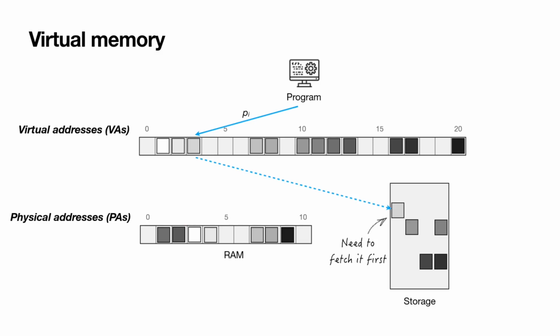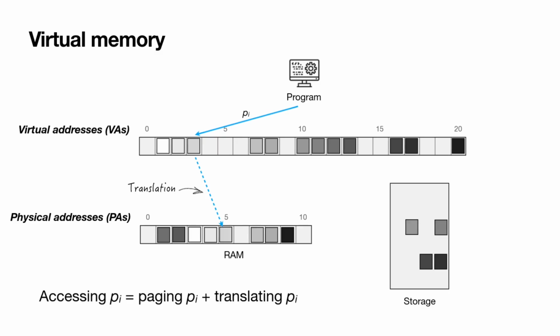But if the accessed page is in storage, then it needs to be fetched first. And only once the page is in RAM, the virtual to physical translation can be performed. Therefore, accessing a virtual page PI consists of two steps: paging PI, in case the page is in storage, plus translating PI into its physical address.